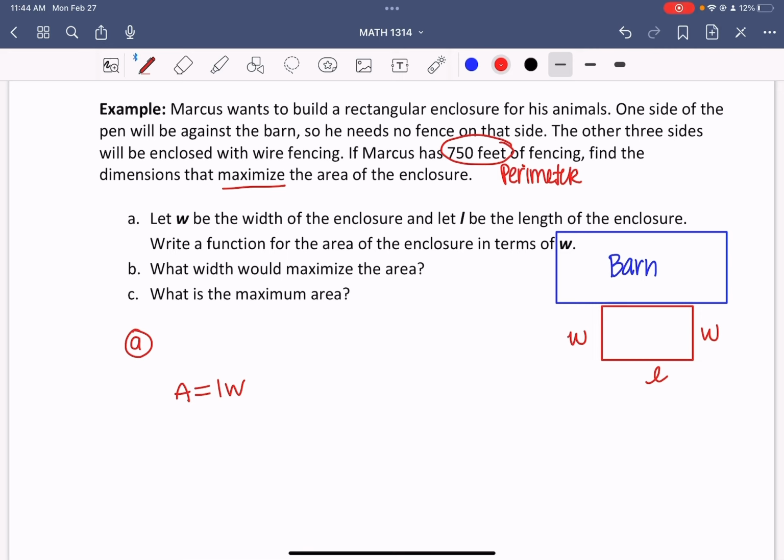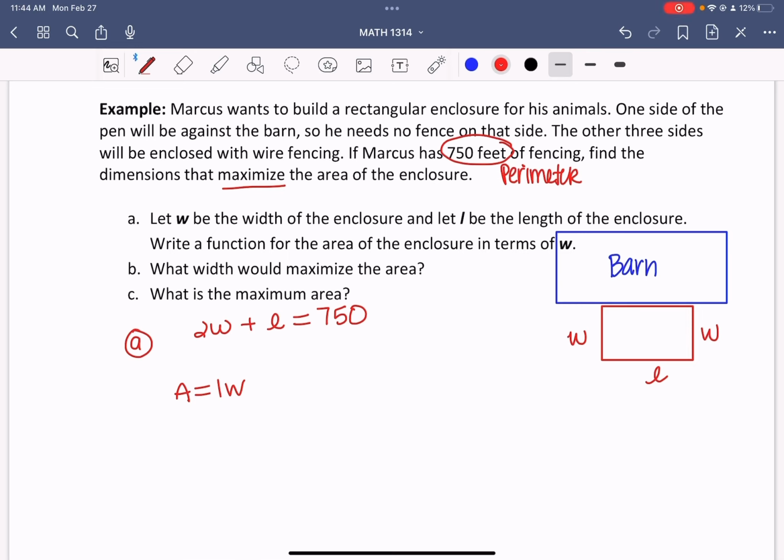So going back to that 750 feet perimeter, we're going to say, okay, well, twice the width plus the length should be a total of 750, because I am just adding up these 3 sides in order to build my fence. Then I'm going to use that information in order to plug into the area equation to just get one variable.